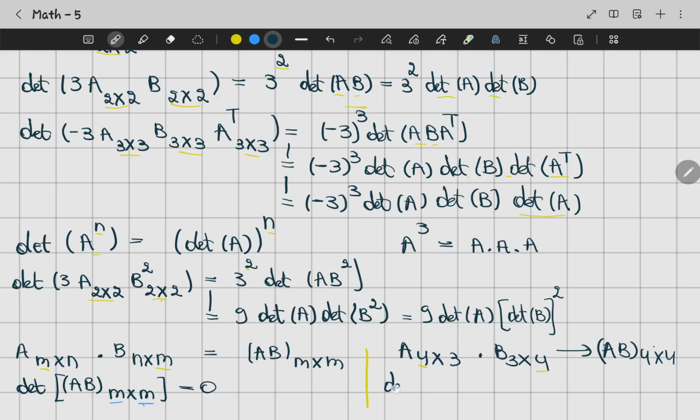And then if we need to find the determinant of this matrix, the answer will be 0, because it is 4 times 4, because of that. So this is what you should know.